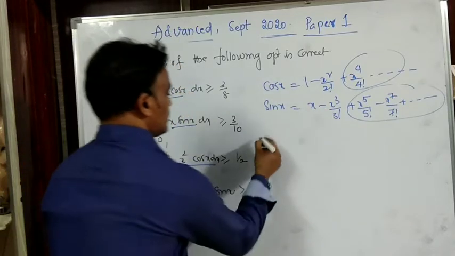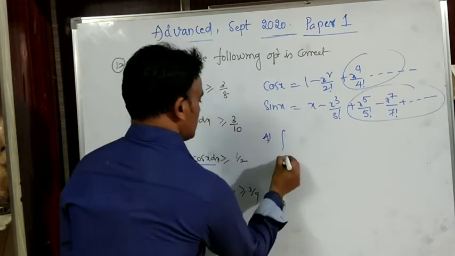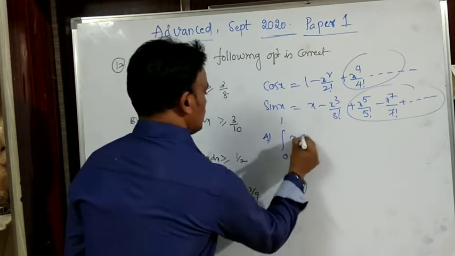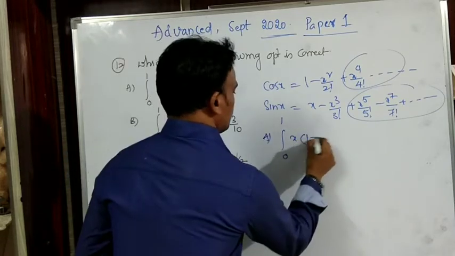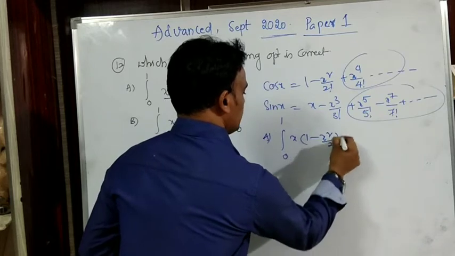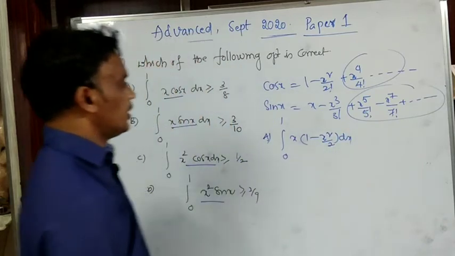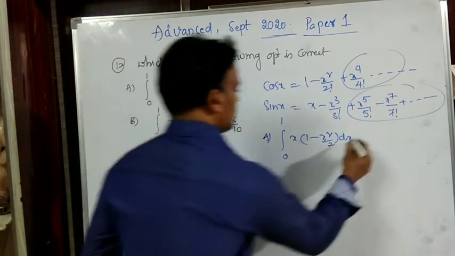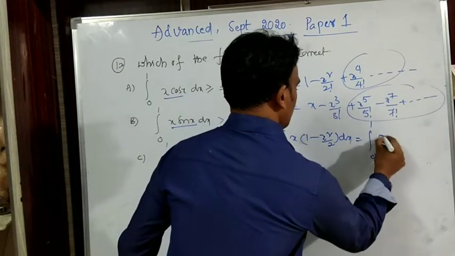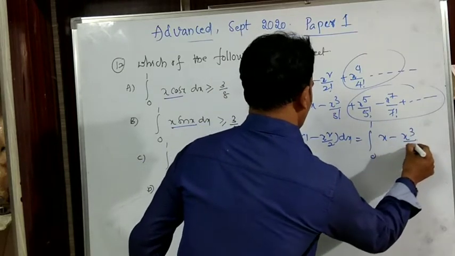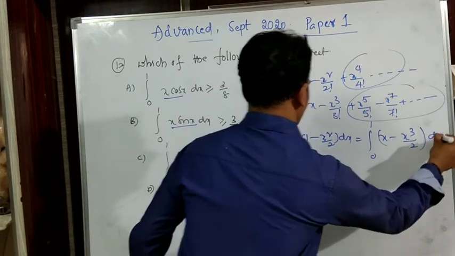Coming to the first option, it is integration 0 to 1 x into cos x. So cos x is 1 minus x square by 2 dx. This is integration 0 to 1 x minus x cube by 2 dx.